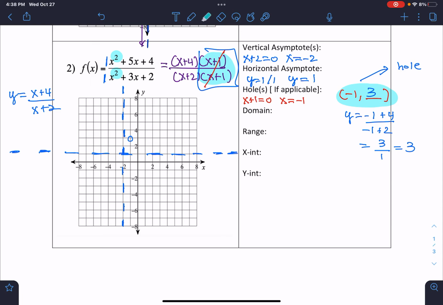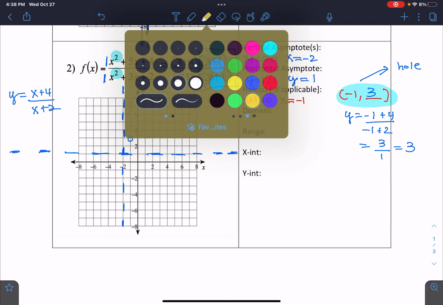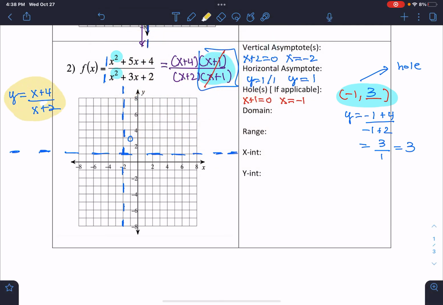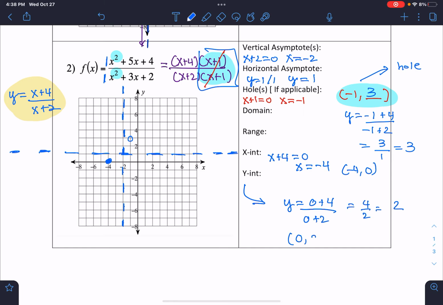Once again, I want to look at my new equation, which is so nice and clean, right over here. For my x-intercept, I'm going to take my numerator, set it equal to 0, get -4, and now we have -4, 0, which is right here. Y-intercept, substitute 0 for x, and you're going to get 0, 2.